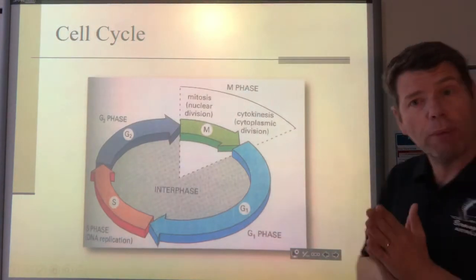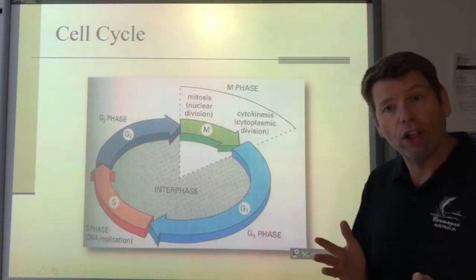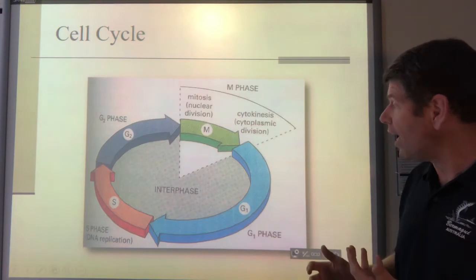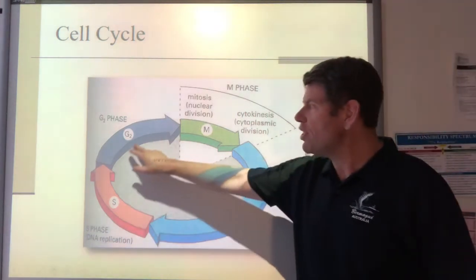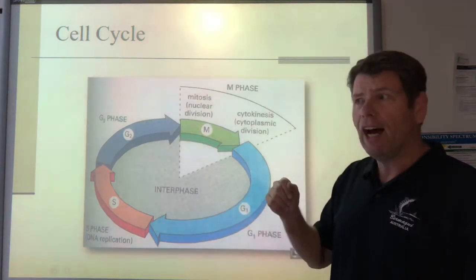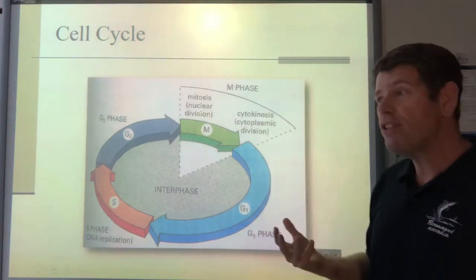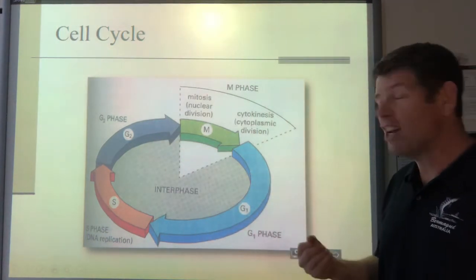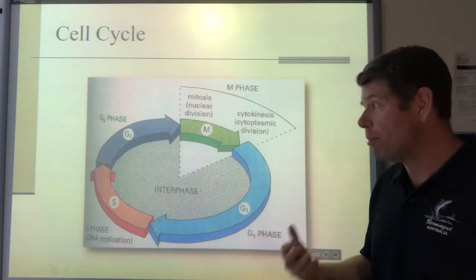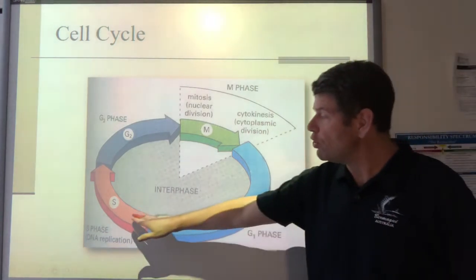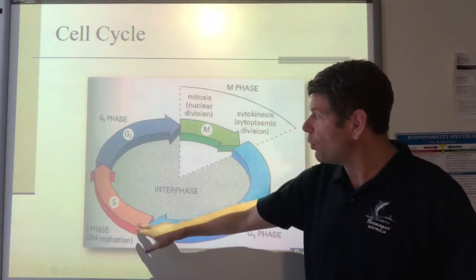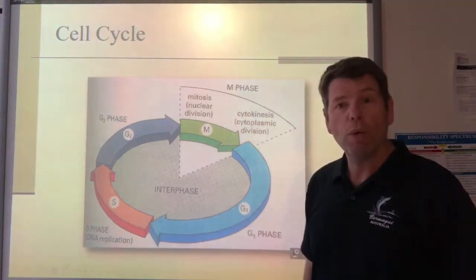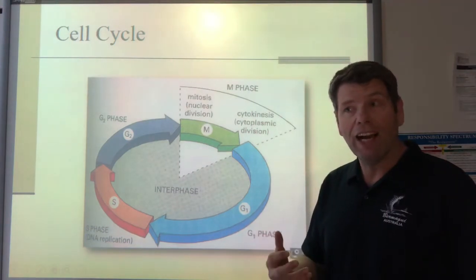Something we do have to talk about is the cell life cycle. For any given cell, it goes through a period of time called the interphase, which is the majority of the lifespan of a cell, where the cell grows, where it does whatever the cell's job is supposed to be, but it also needs to go through what's called its S phase, which is where the DNA gets doubled.